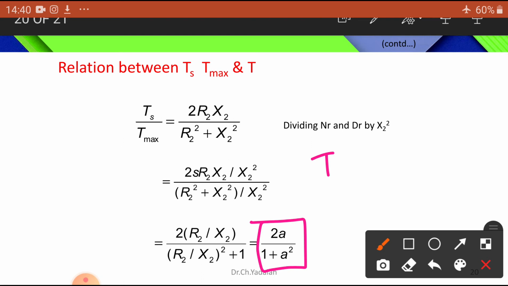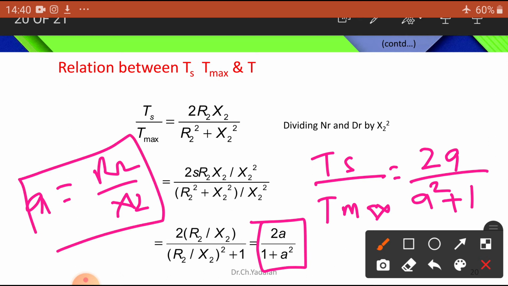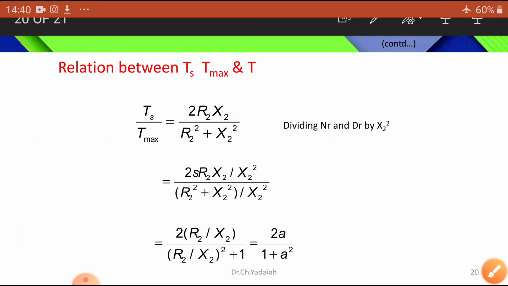So Ts by T max is equal to 2a by a square plus 1, where a is equal to R2 by X2. These are the relations between the starting torque, full load torque and maximum torque. Based on this, we are going to do some problems.